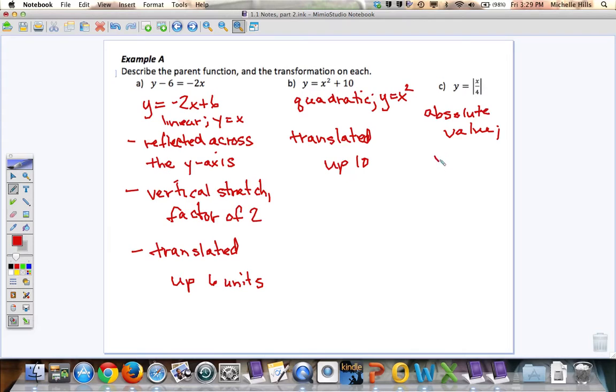The parent function is y equals the absolute value of x. And because it's being divided by 4, the x's, this is a horizontal stretch with a factor of 4. Just going to start saying that to make it easier.